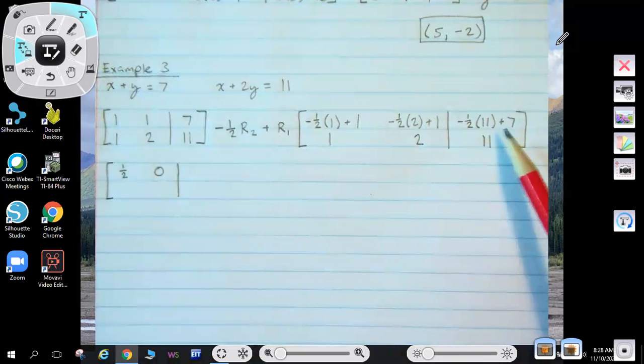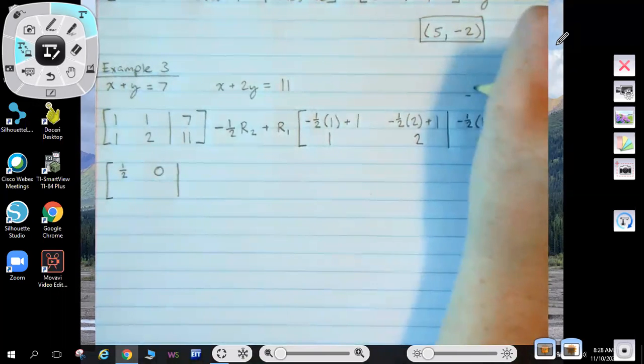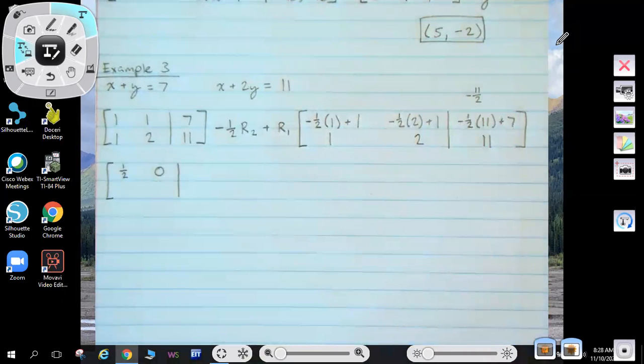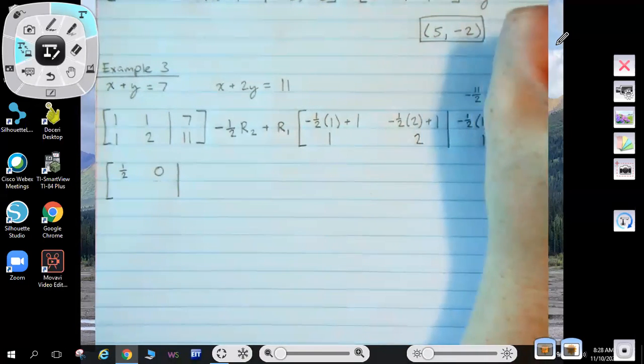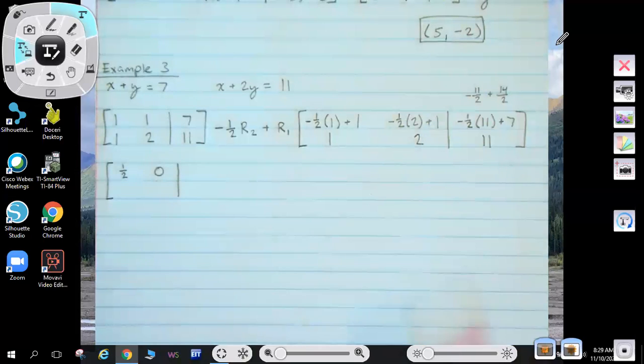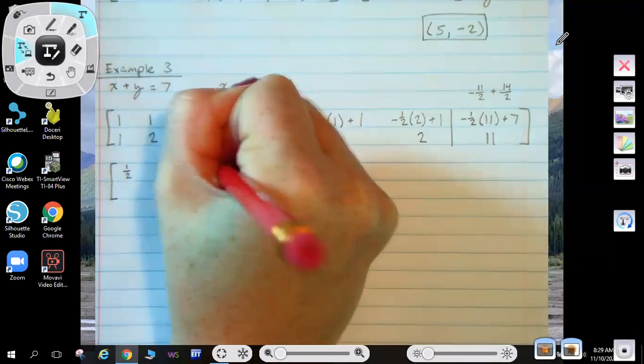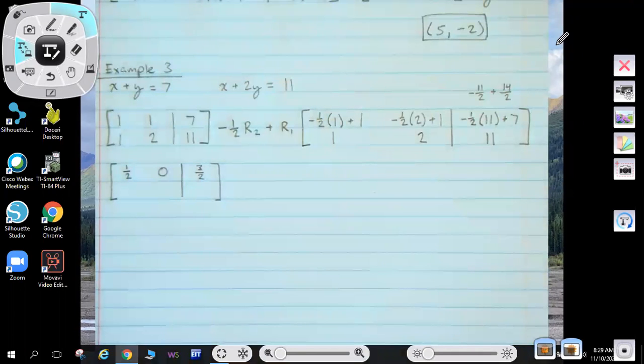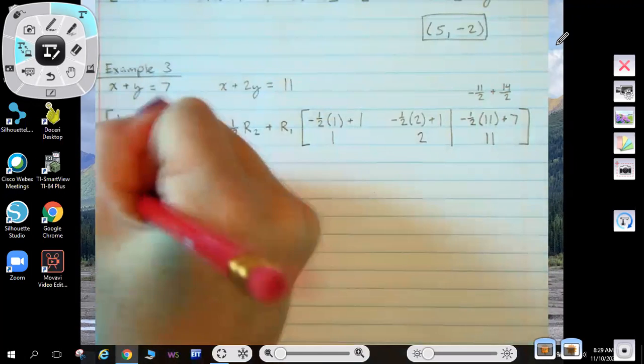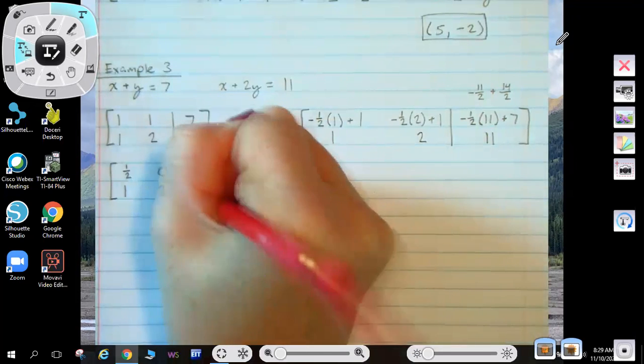Okay, this last one, you could easily do this in your calculator if you wanted to, but you don't have to. -1/2 times 11 is -11/2, plus 7, which you can write 7 as 14/2. So -11 plus 14 is +3. We end up with 3/2. And the second row didn't change. 1, 2, 11.